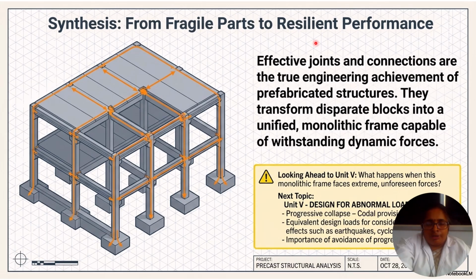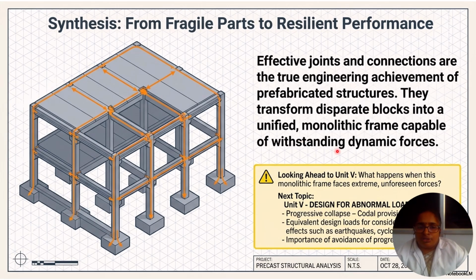If a joint and connection is not properly designed and carried out, the entire structure may collapse and will not serve the purpose for which it is designed. So effective joints and connections are the true engineering achievement of prefabricated structures. They transform disparate blocks into a unified monolithic frame capable of withstanding dynamic forces.